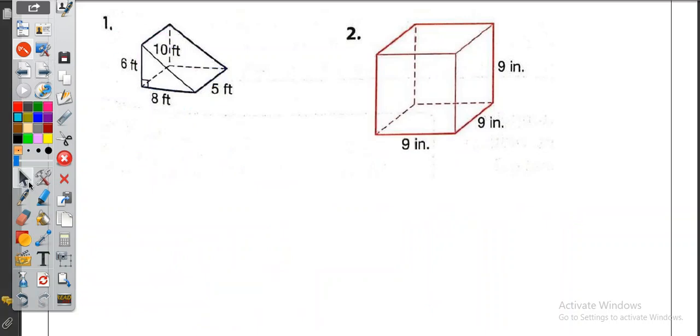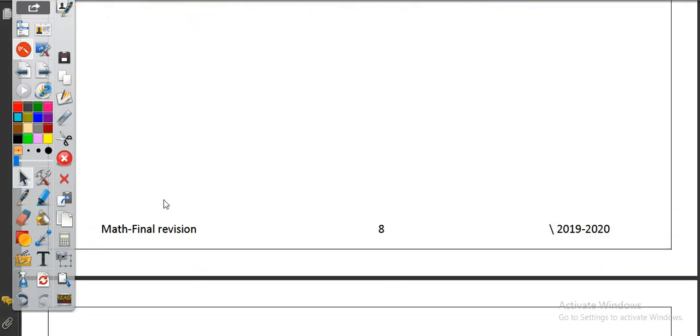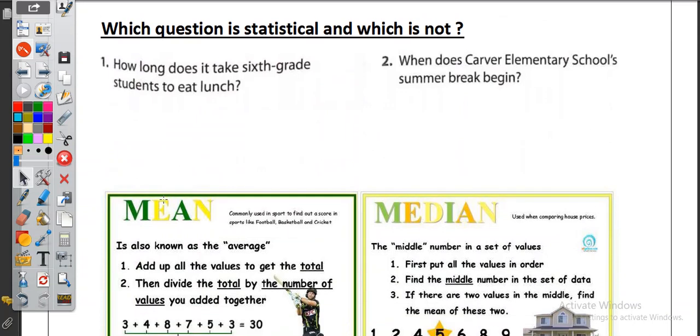Okay, let's go now to the final page, which is how to know whether the question is statistical or not. Remember, to know whether the question is statistical or not, you will ask yourself, does this question have many answers? If it has many answers, it is statistical. Like, what is your favorite color?